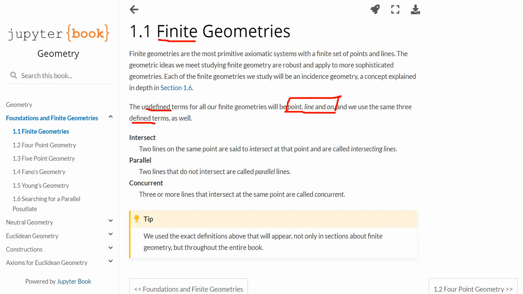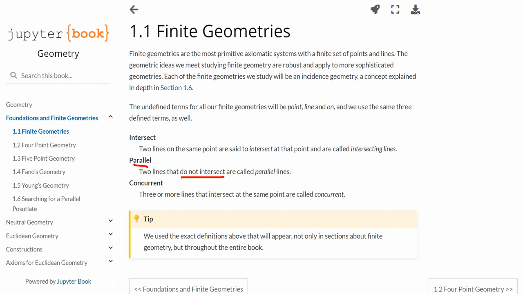For our defined terms, we have intersect. So again, 2 lines on the same point. So we're using the defined and undefined terms to create our defined terms. Our second defined term is parallel, 2 lines that do not intersect. I just want to make this clear, especially in finite geometry. Don't get this idea that 2 lines that are equidistant from each other forever are parallel.